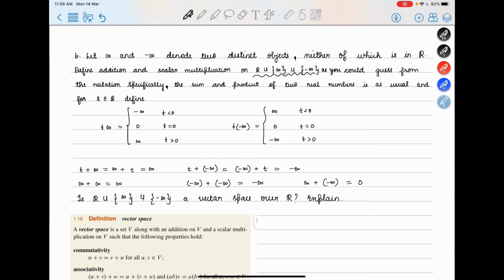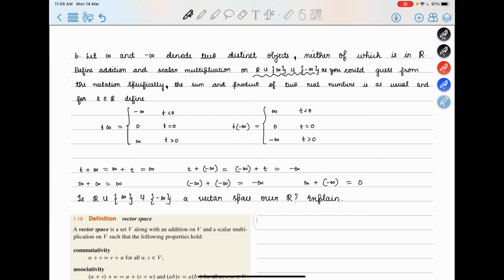The sum and product of two real numbers is as usual.